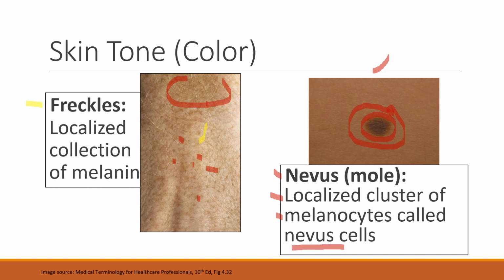Those particular clusters of melanocytes are called nevus cells. Now these moles most often are benign, but there are times when you have an overreaction of melanocytes that can create a skin cancer called melanoma. We'll reserve that for a future lesson.